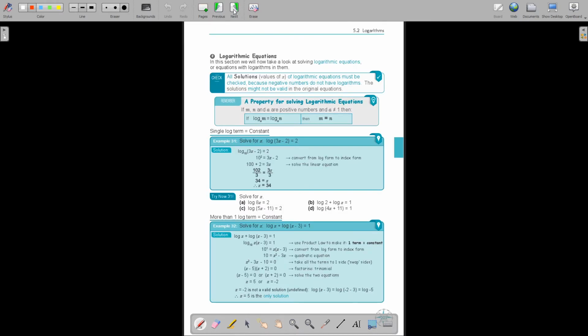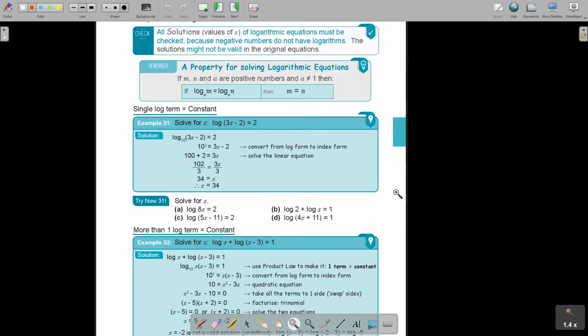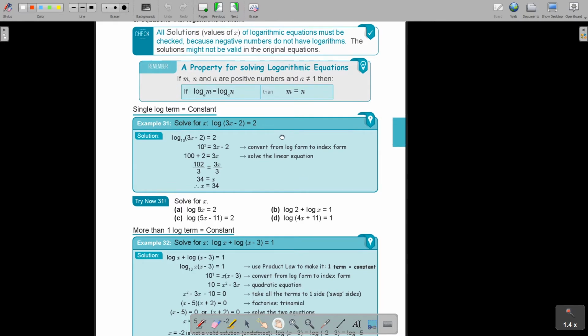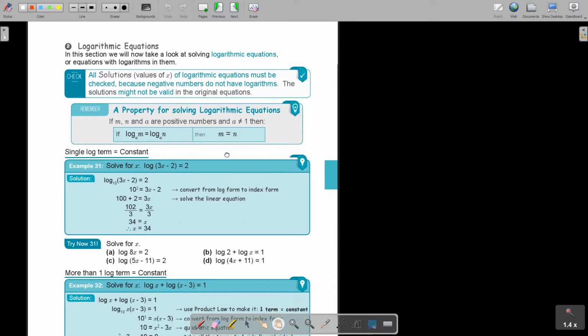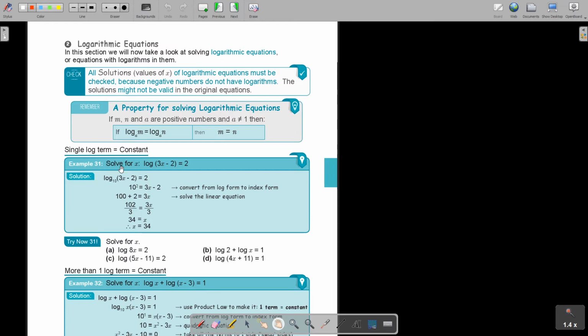But in this one, if you look here, you will see, in this one, there will be logs. So I will take the logs away, but I must first get one term equals 1 log, then I can do the reverse. I take the logs away, and then I use the rules. But I like to do this one.